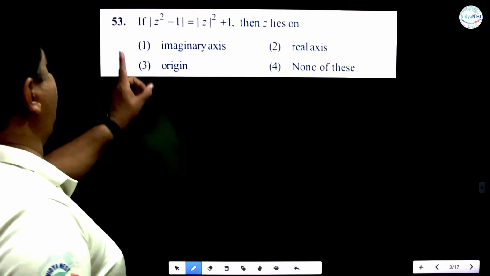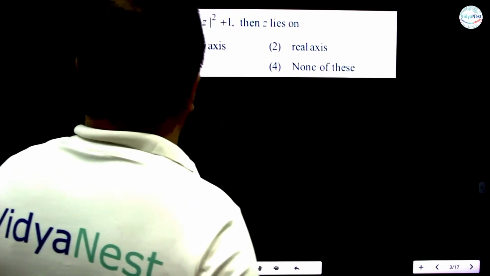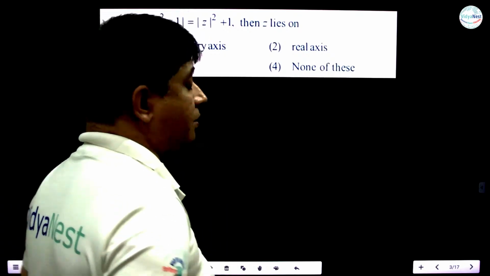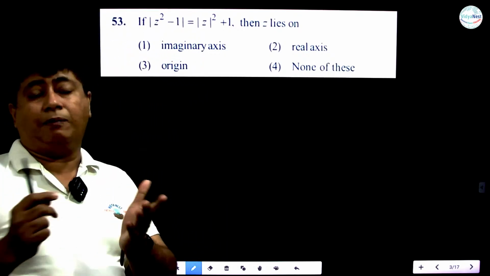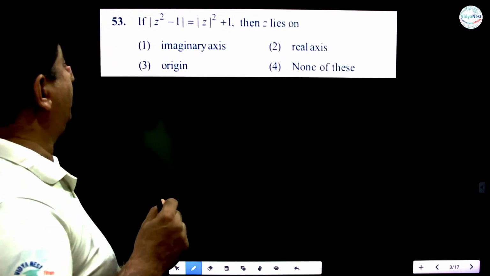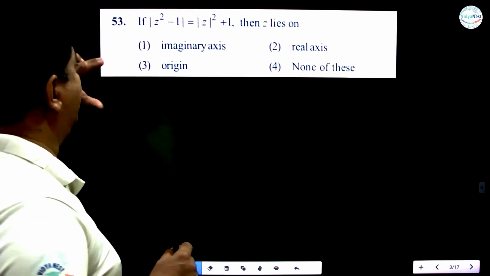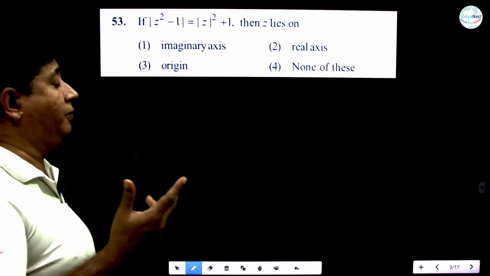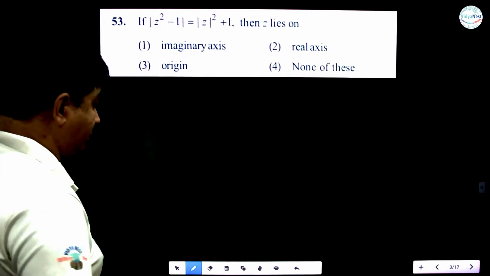This is given: mod z square minus 1 is equal to mod z whole square plus 1. In the previous sum we had seen a straight approach, but here we will not directly put x plus iy. We will try to solve it by considering its polar form. What is the polar form of a complex number?